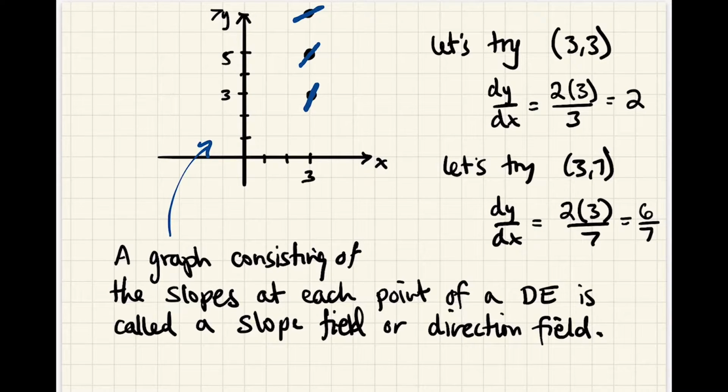So, understandably, it's fairly painstaking to generate a direction field. Imagine if we had to do this from negative 10 to positive 10 on both the x and the y axes, then we'd be doing 100 of these calculations. So we typically leave this work for computers to do.